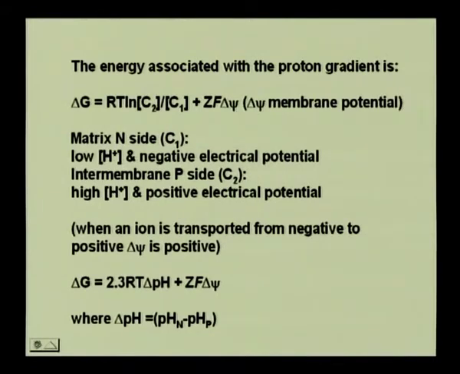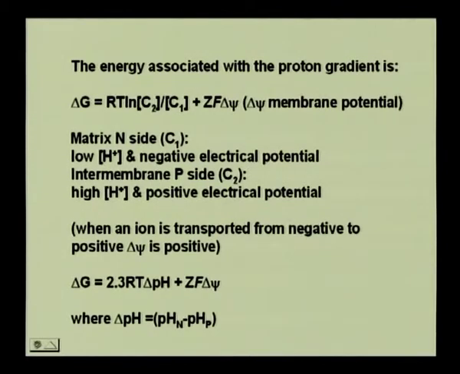It is the potential. Now, when you consider the low H plus concentration and the high H plus concentration, you can link the logarithm of the hydrogen ion concentration with the pH, right.